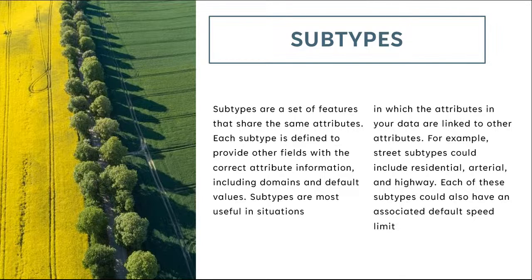So basically, subtypes are more like a categorization. You try to categorize it such that, okay, roads, now we have major roads, minor roads, highways, arterial, residential, and all that. Now on the streets subtypes, we have residential, arterial, and highways.